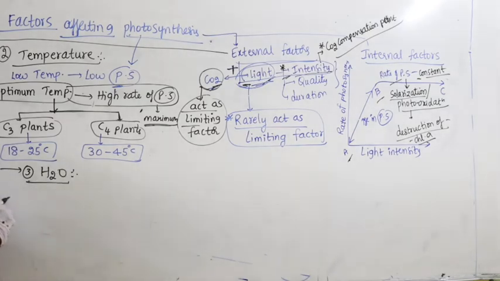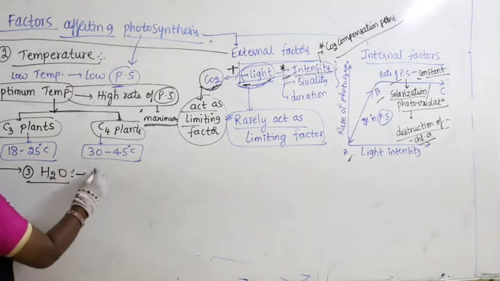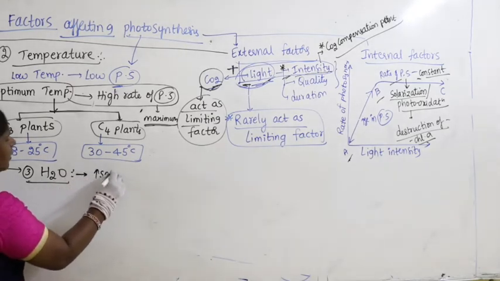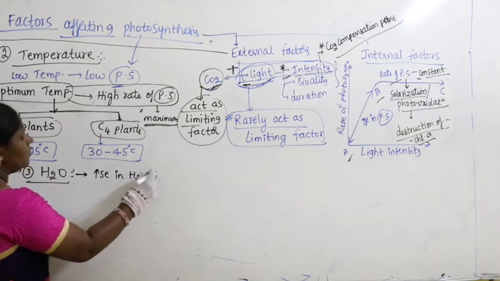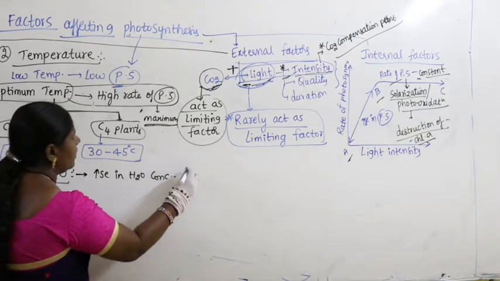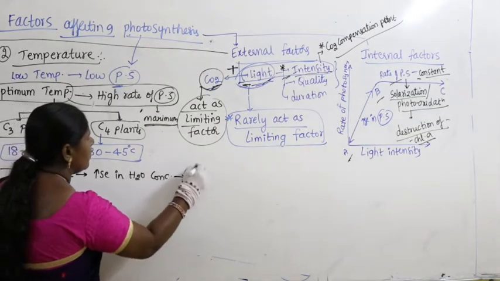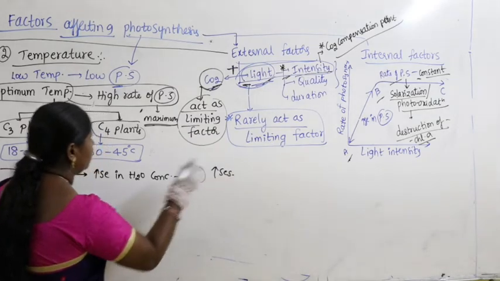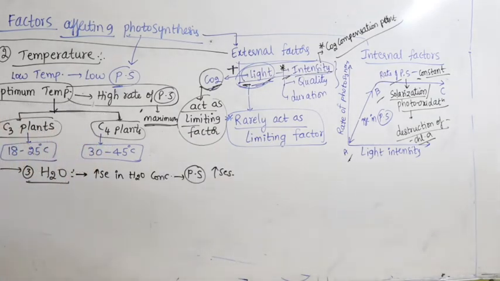If the water concentration increases, the rate of photosynthesis definitely also increases. Obviously, right? Why?